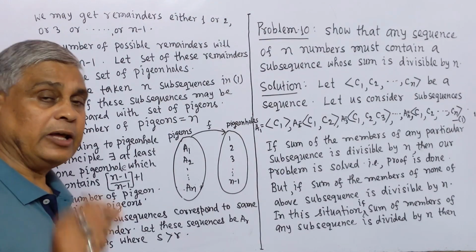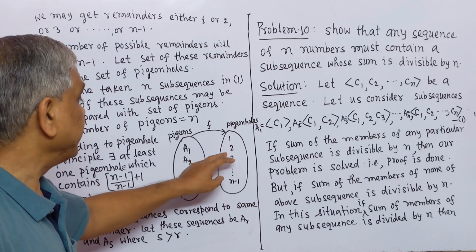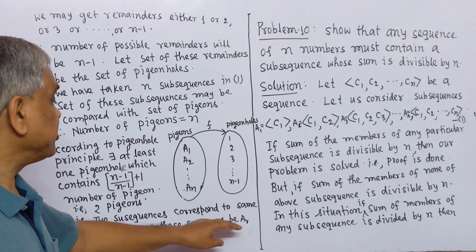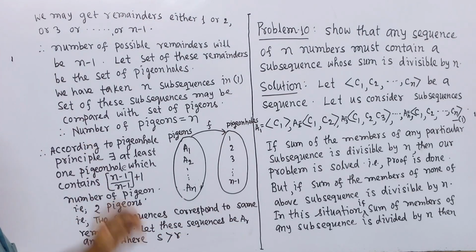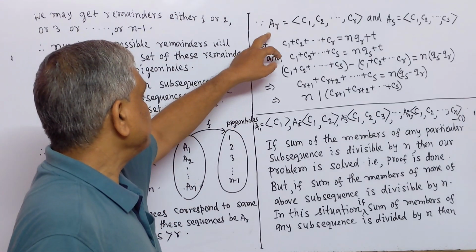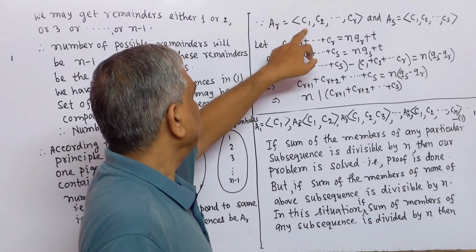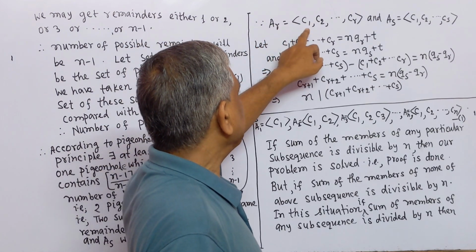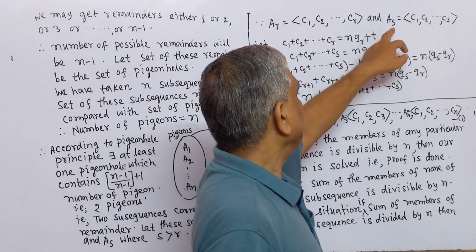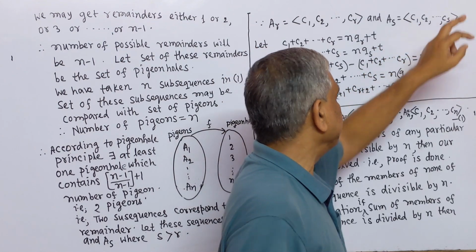Therefore, 2 subsequences correspond to the same remainder. Let these subsequences be AR and AS such that S is greater than R. AR is a subsequence which contains elements C1, C2, ..., CR, and AS is another subsequence whose elements are C1, C2, ..., CS.